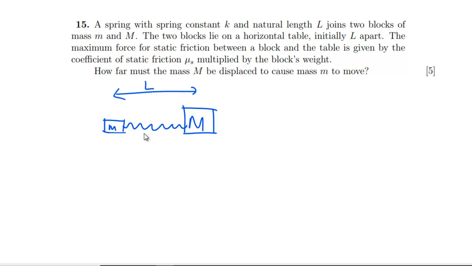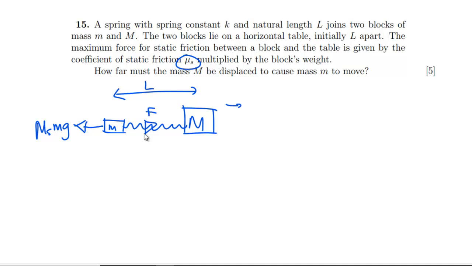Right, the maximum force for static friction is, okay, so we're using that as our coefficient of friction. How far must the mass big M be displaced to cause mass m to move? So we're moving this off to the side, which means we're going to have our static friction here, which is going to be mu s times little mg, and we're going to have some force going here.